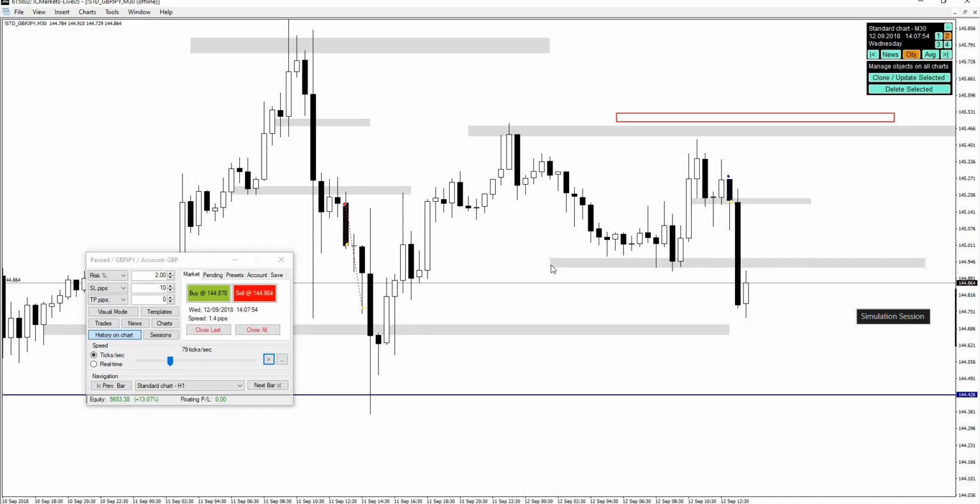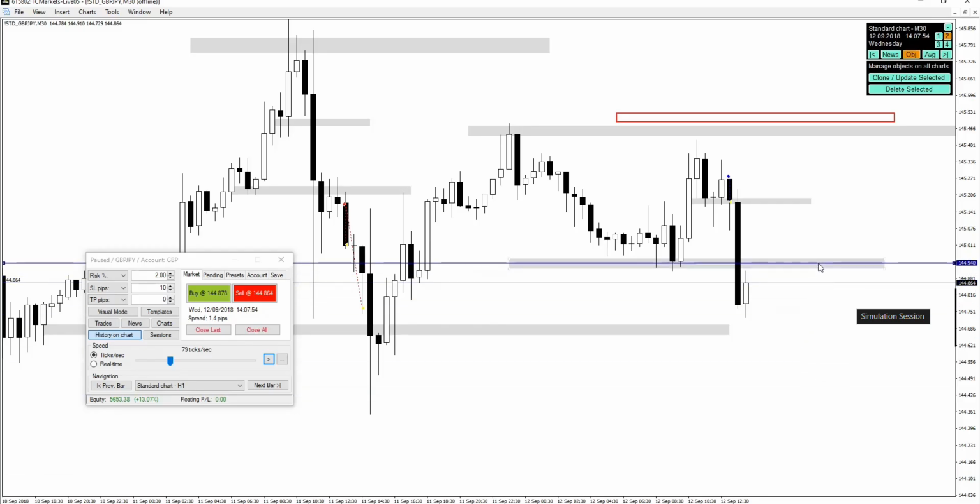Because realistically, what has happened now is that price has broken this low right over here, and once price has broken the low, it would make sense for price to continue moving down, because what you would want to see is a break, a retest, and then continue moving down.